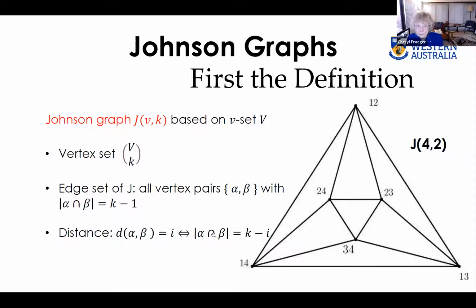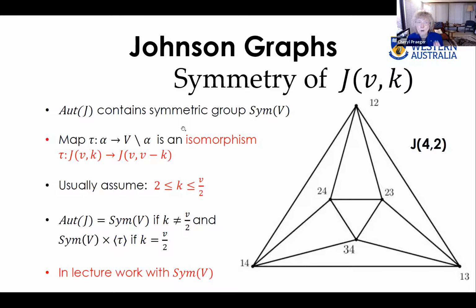So that's the graphs. From the way I've described them, you can see that the symmetric group of all permutations of V acts naturally on the K sets as automorphisms of the graph. That's a pretty big subgroup of the automorphism group of the Johnson graph. There's also another map I'd like to explain to you.